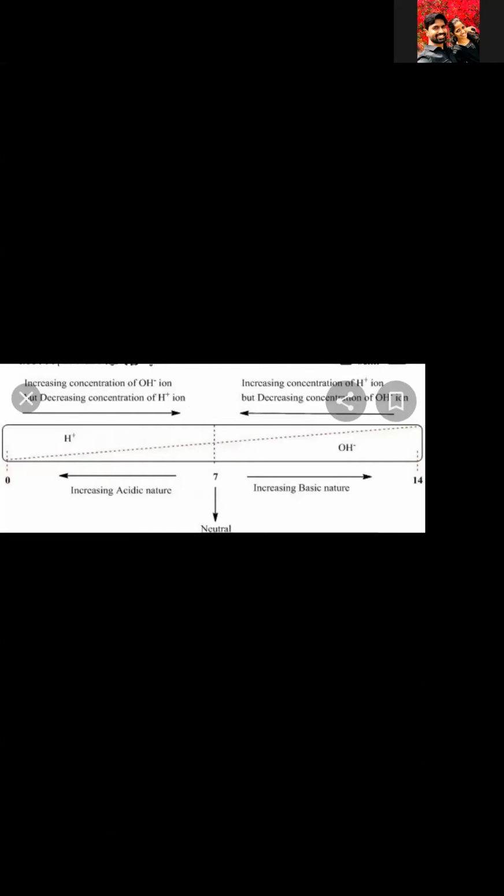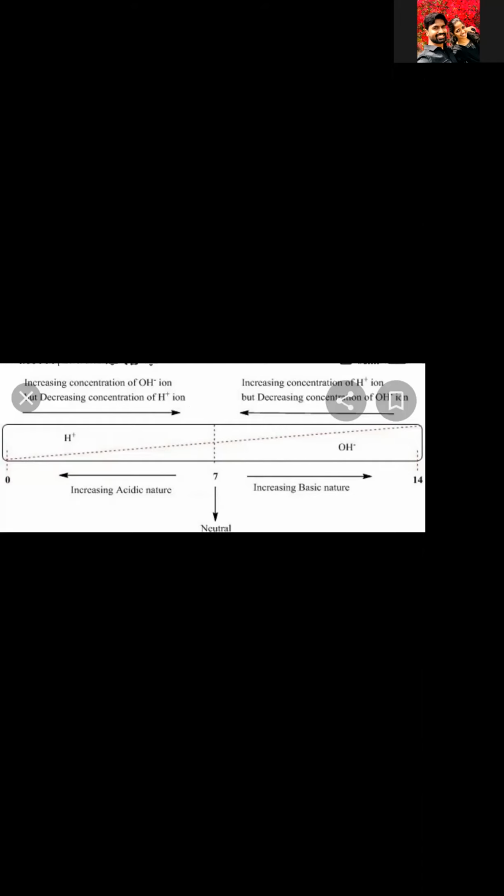So 7 indicates that the solution is neutral. If we have taken a solution and it shows the value of 7, then it indicates that the solution is neutral. And if it lies between 0 to 7, it indicates the solution we have taken is acidic. And if it lies between 7 to 14, it indicates that the solution is basic.